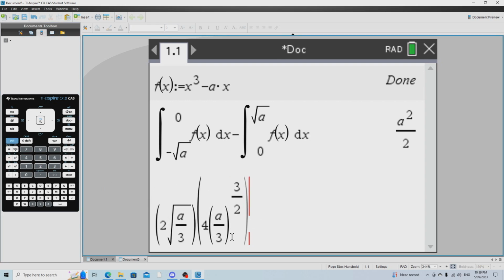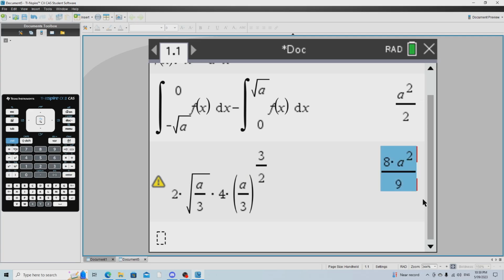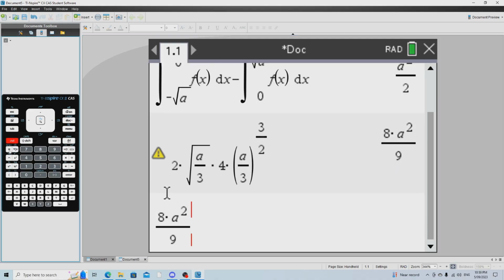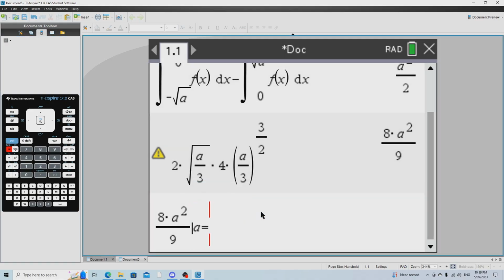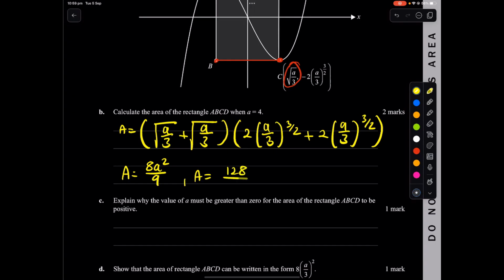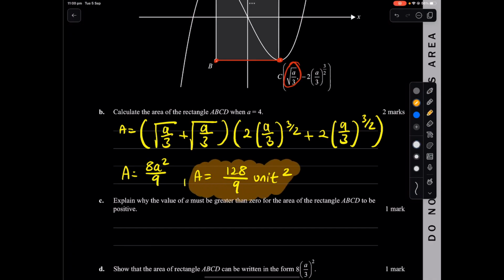If that's right, enter that, and we get 8 a squared on 9. We know that a should equal 4, so if I take this and say that a equals 4, we get 128 over 9 units squared. Hope that's right. 2 marks. It took so long. I don't know why it took that long.